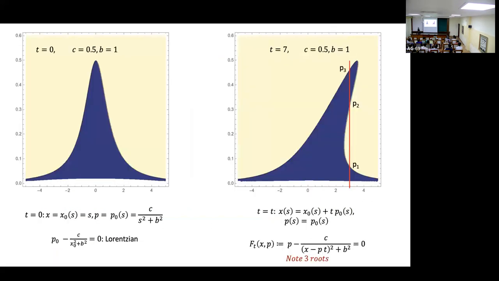By the way, this is a rather generic phenomenon. Why do folds form? Why do overhangs form? Let's say this is one example in which the Hamiltonian is just p squared, no potential, and this is your xp phase space.